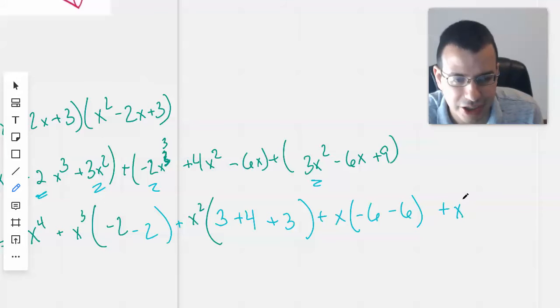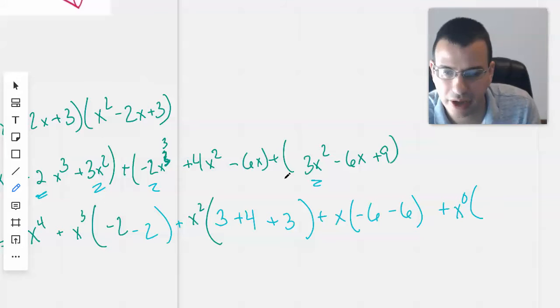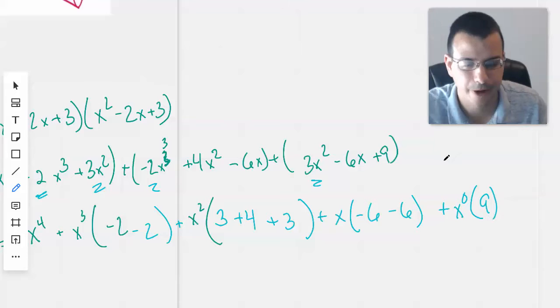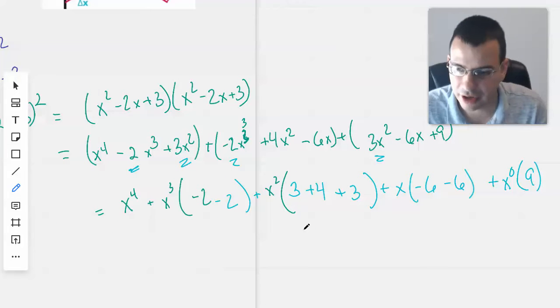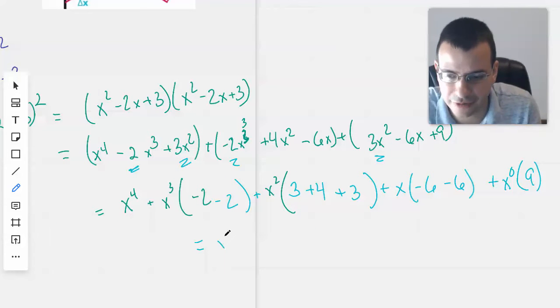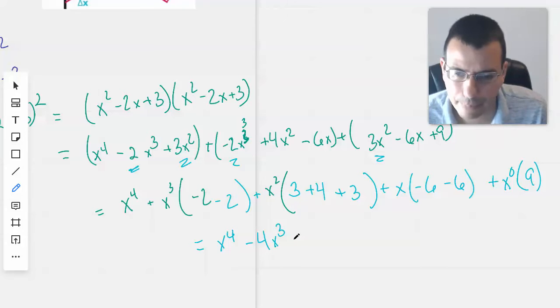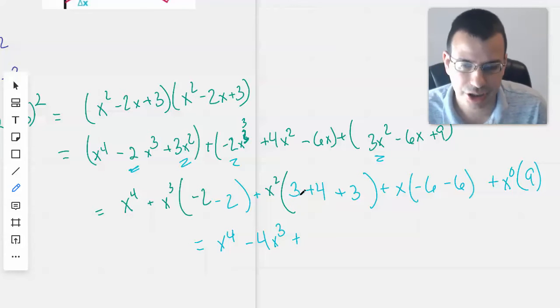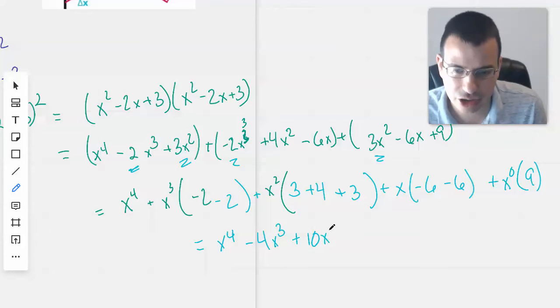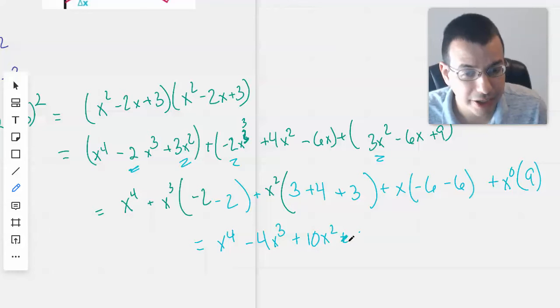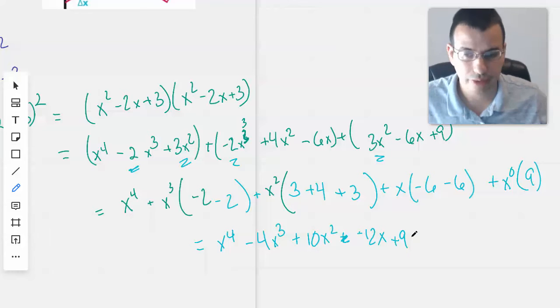Then x to the 0, which is just the value 9. Simplifying: x to the fourth minus 4x cubed plus 10x squared minus 12x plus 9. And that we can do.